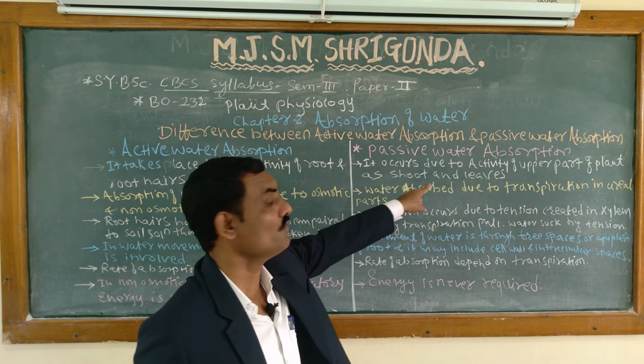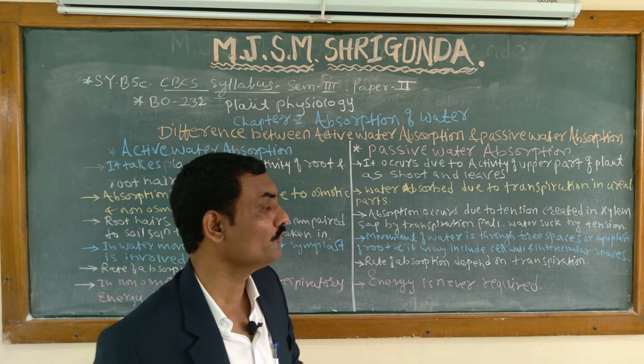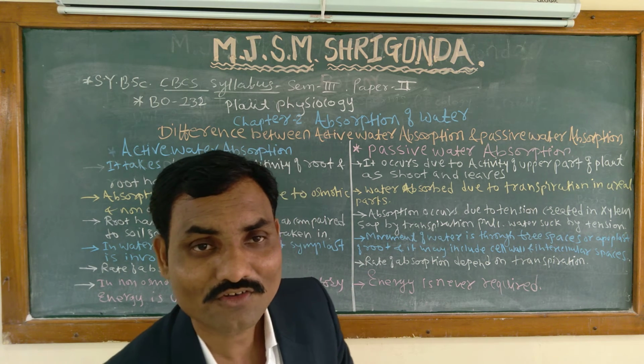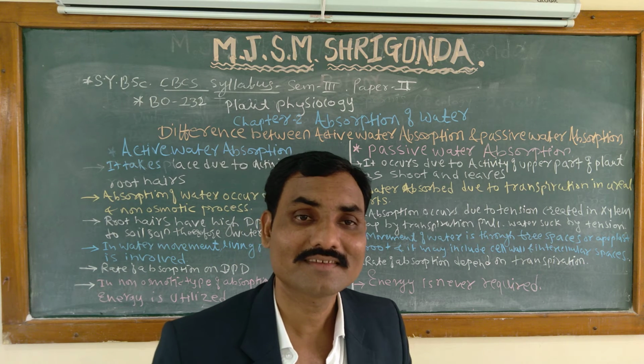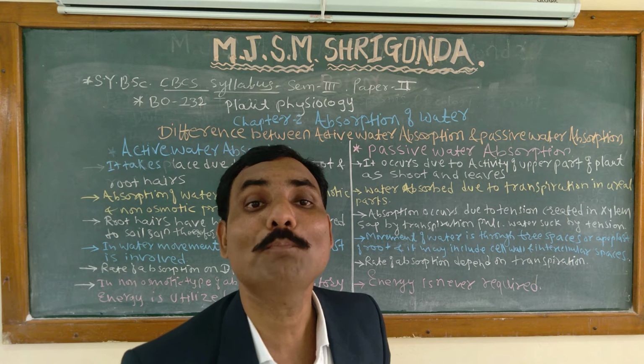Whereas in passive water absorption, the movement of water is through free spaces. We know that there are some spaces between the cells. That is called free spaces, or that is known as apoplast.